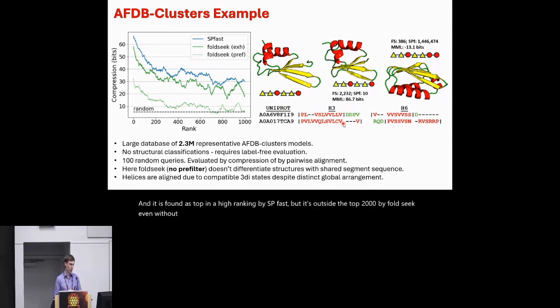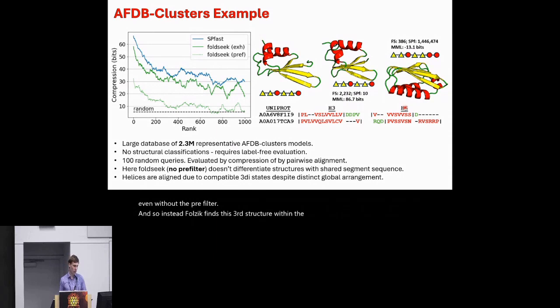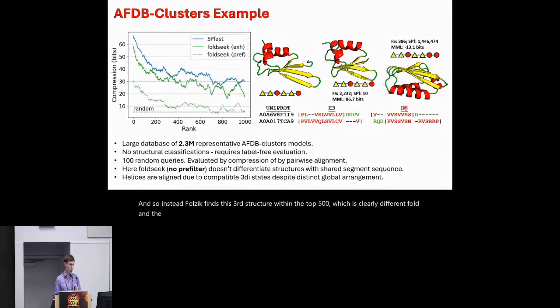And so instead, what FoldSeek finds within the top 500 is this third structure, which is clearly a different fold. And the reason for this confusion is because it has the same beta-beta alpha sequence of secondary structure segments, but arranged with a distinct global topology.